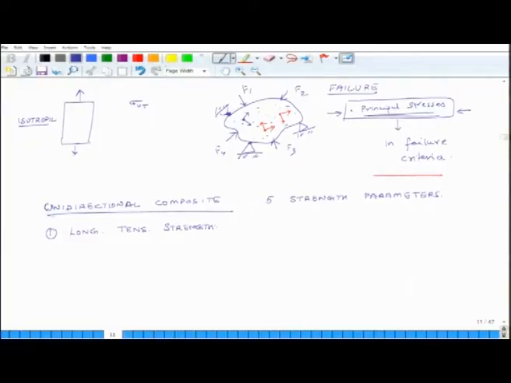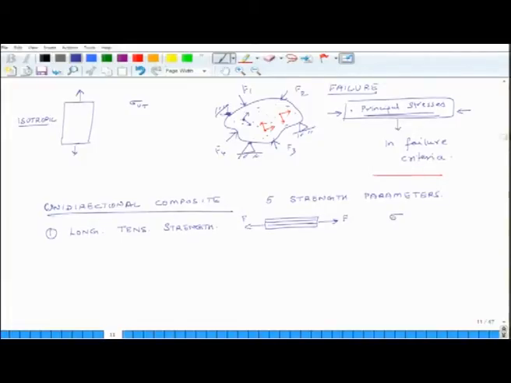How do you calculate it? You have a unidirectional lamina, you take a sample of it, you pull it in tension in such a way that the fibers are aligned with the direction of your tensile stress. So, this is F, okay, and then you keep on pulling it till it fails, and the stress at which it fails is called the longitudinal tensile strength.